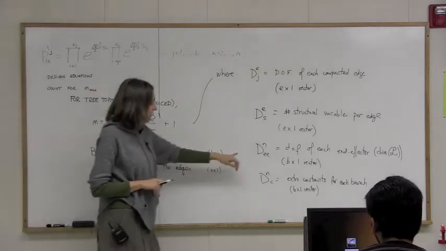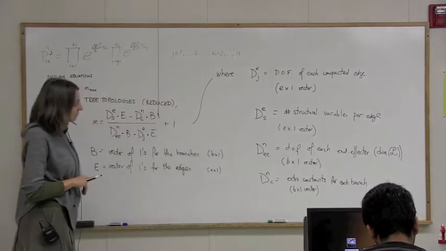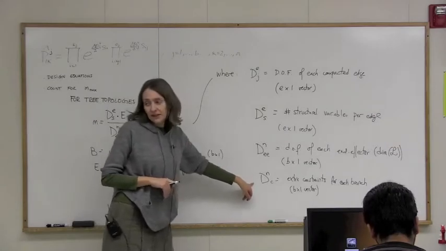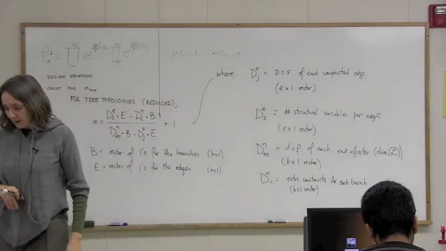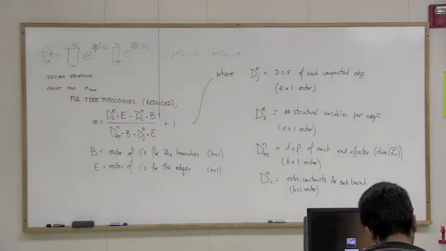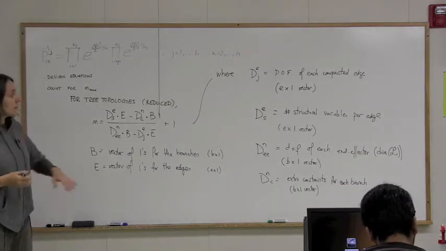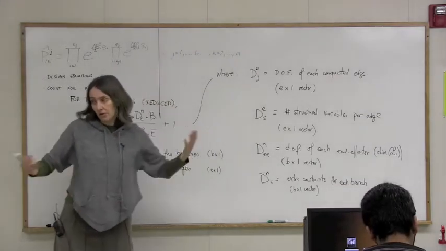That makes sense only for the end effectors, not for the vertices. We'll leave it like that. So we are doing the same method. It's equating the number of unknowns to the number of equations and solving for m.